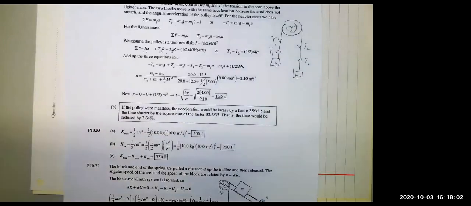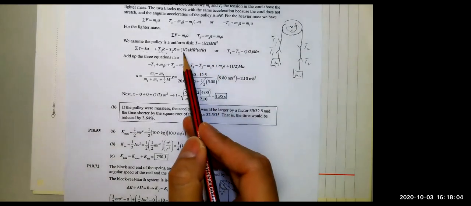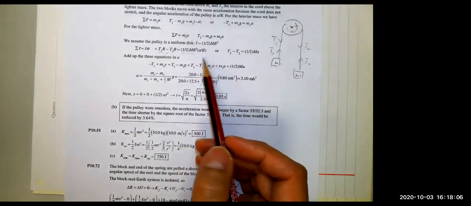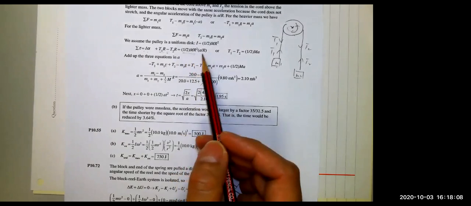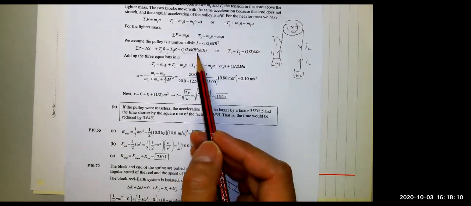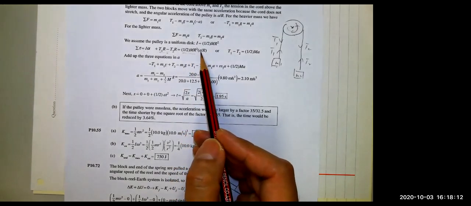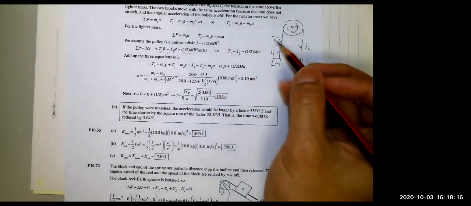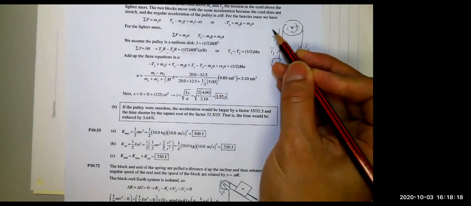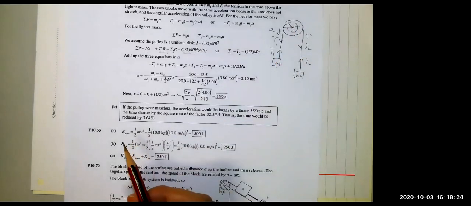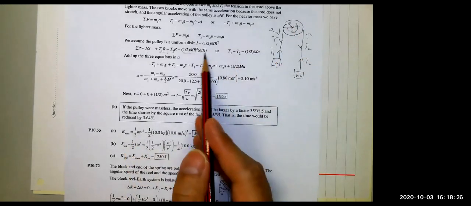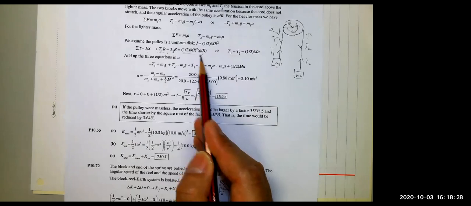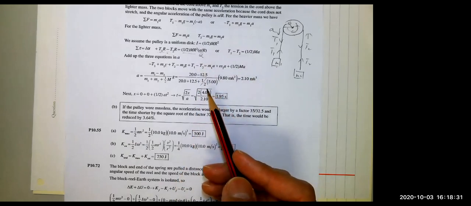So that is why you have here 1/2 mr squared as the moment of inertia for the wheel times A divided by R. So A is the tangential acceleration and R is the radius of the wheel. So A divided by R corresponds to the angular acceleration.